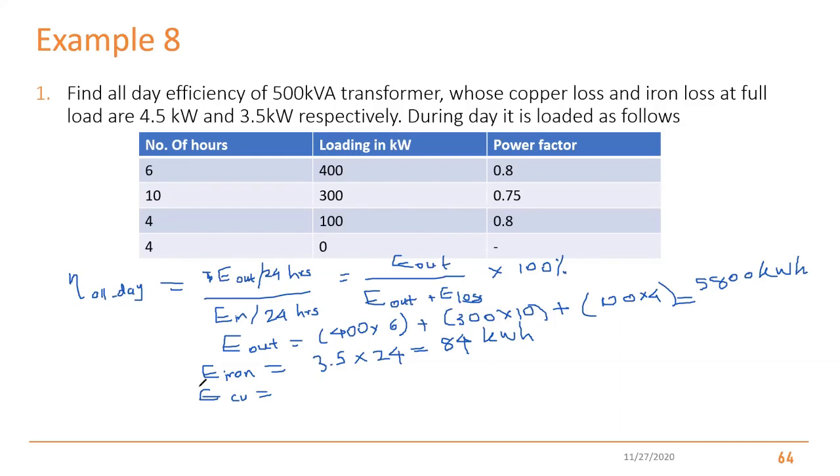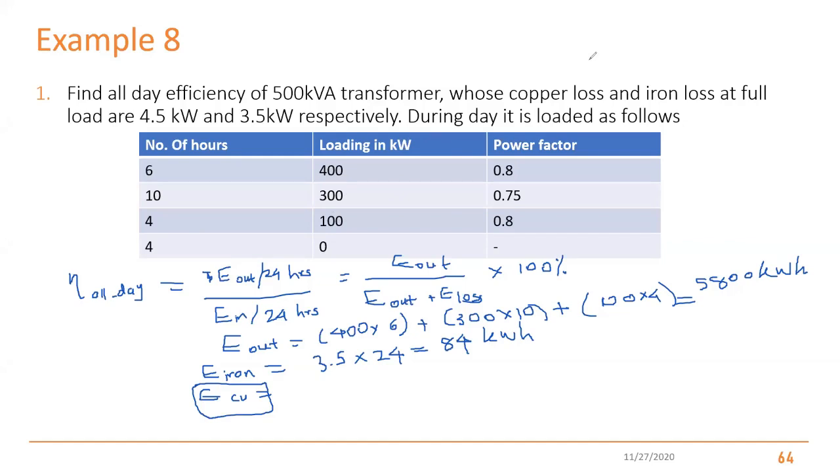So my task here is to find this copper loss. Even though the copper loss at full load is given, the transformer is not operated at full load all the time. Therefore I have to calculate the separate copper losses first, and then only I can obtain the values. So now let's try to find out about this.